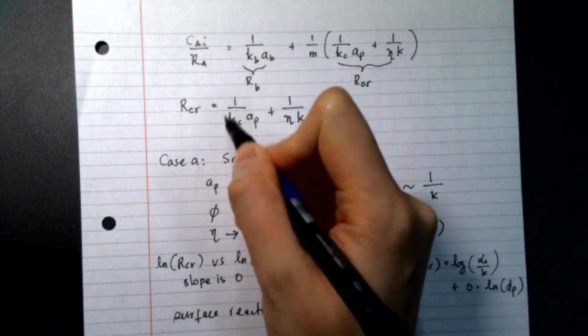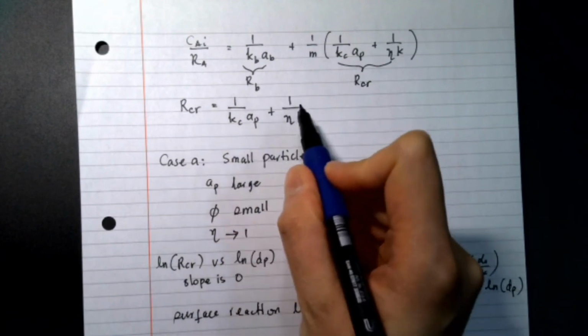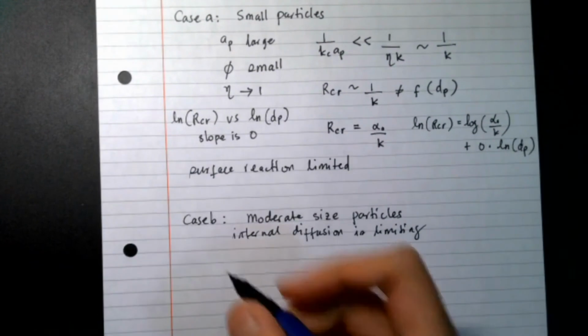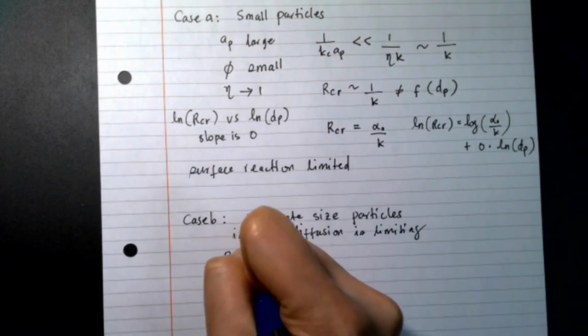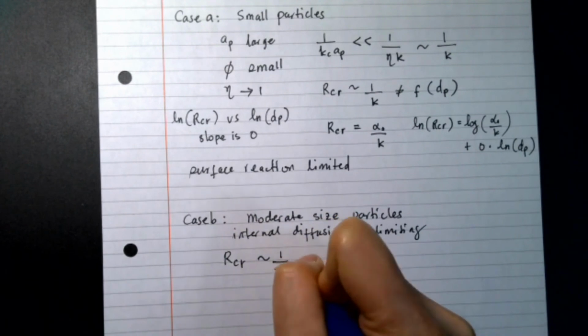So this term here is still significantly smaller compared to this term, and our combined resistance, RCR, is still approximately equal to 1 over eta K.